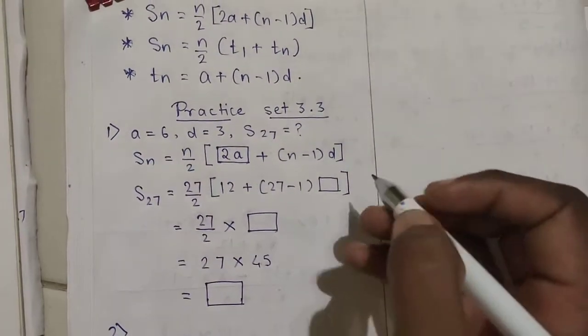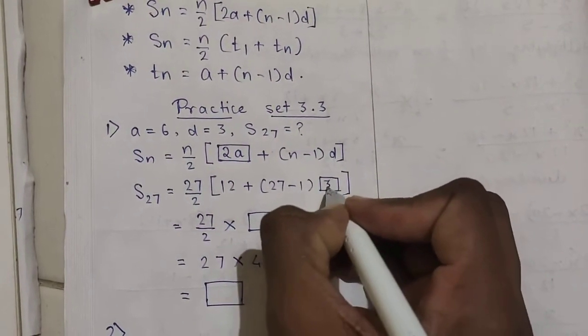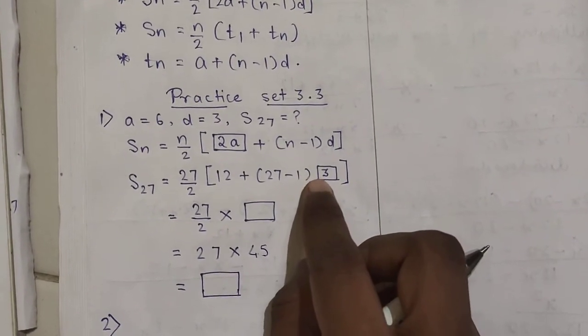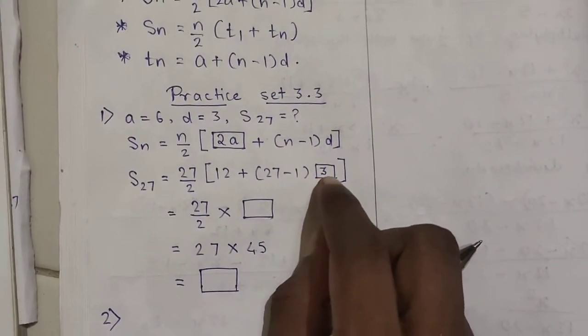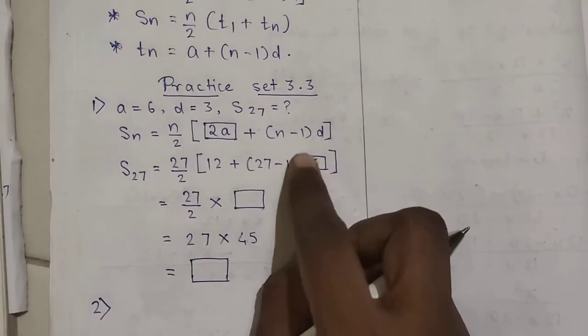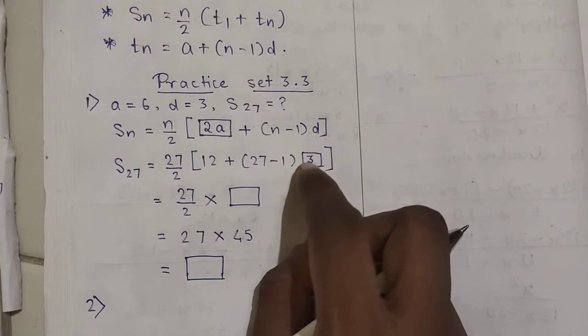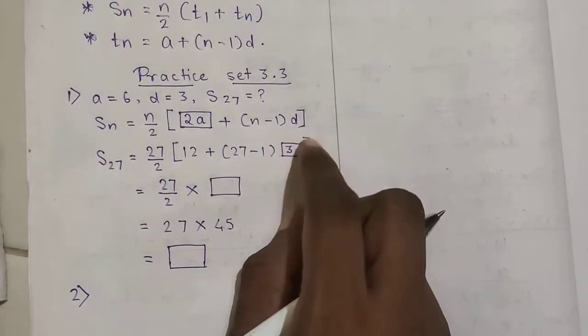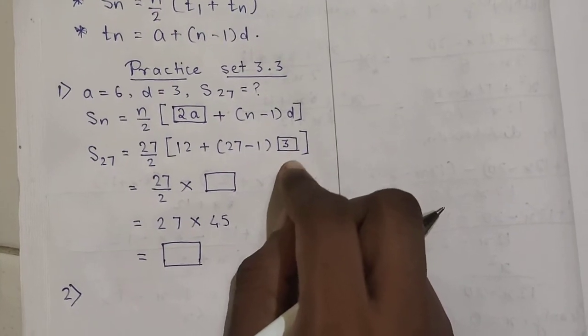D is 3, so in this box you are going to write 3. Since the bracket is there, into is already there. But remember students, whenever there is a negative number here, write that number in brackets, because otherwise a different term will be considered if you do not write the bracket.